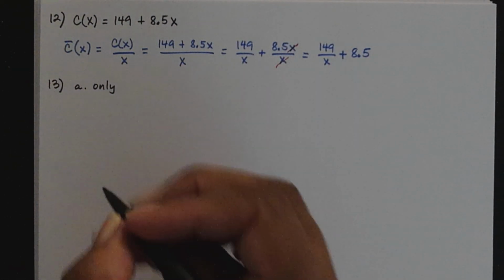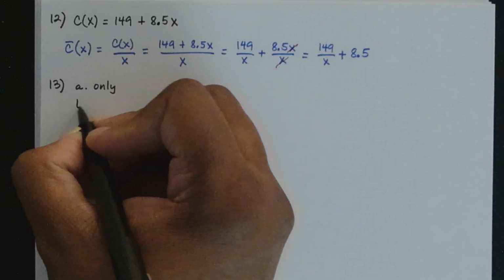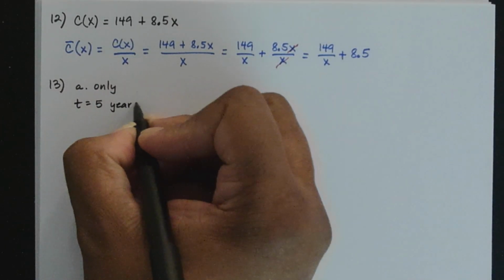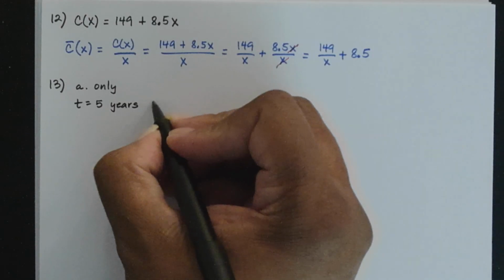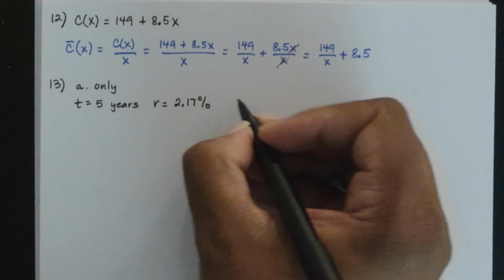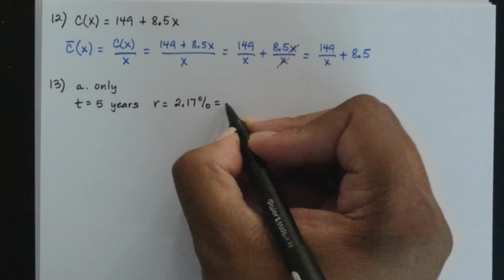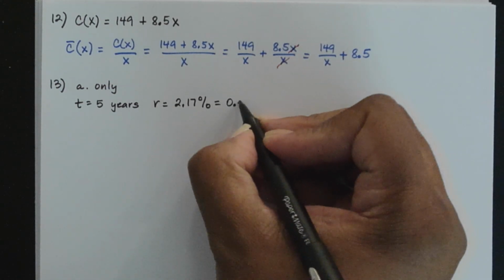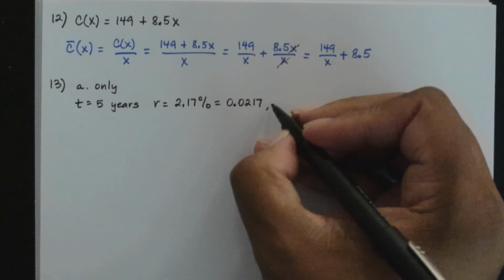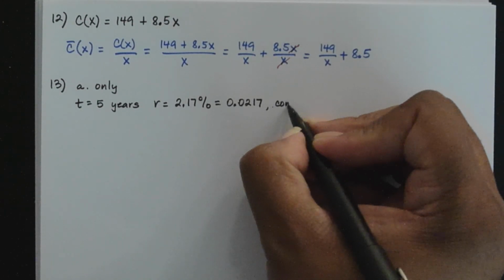All right, so now a 5-year CD, so that means our time is going to be 5 years, and it earns an interest rate of 2.17%. Now what's 2.17% as a decimal? Correct. And it's compounded continuously.